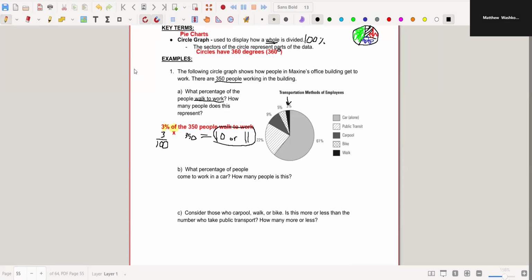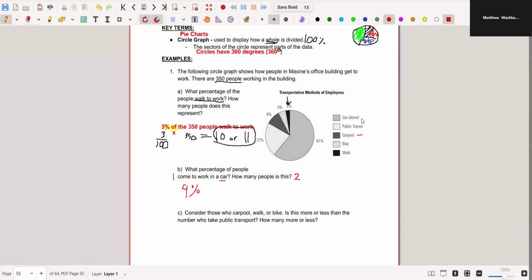So what percentage of the people come to work in a car? And again, question 1, what percentage? And then how many people is that? So carpool, I can see is 9%, right? How many people is this? Oh, sorry, in a car. I already made a mistake.